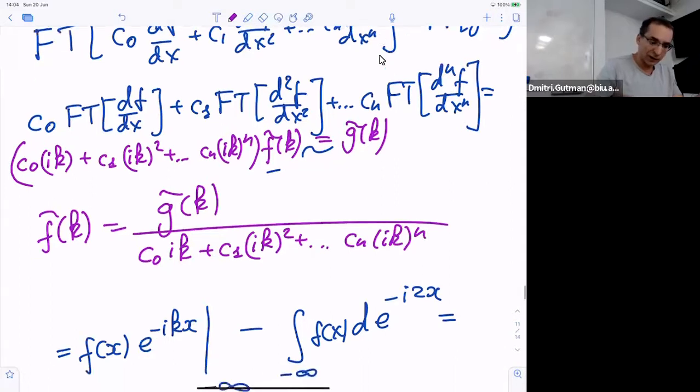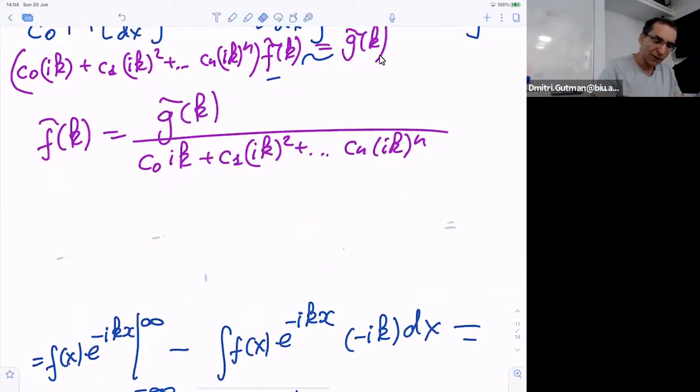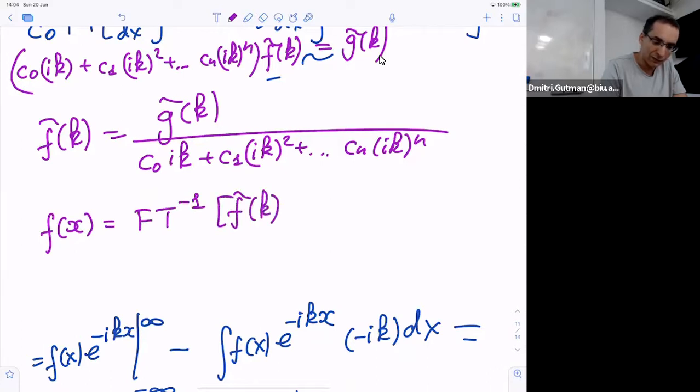So it means that I already know my function f in the Fourier representation, in other words, the Fourier transform of the function f of x. What is left to do, if I want to compute f of x, is to compute the inverse Fourier transform of the function f tilde of k.